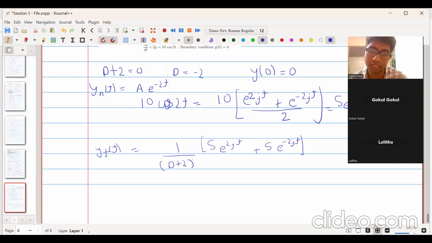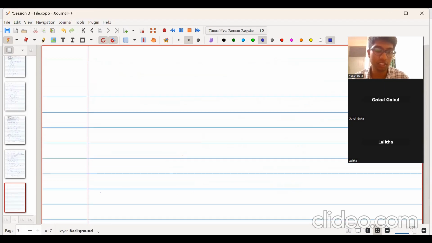We have to substitute it. It will become like this. First I'll write it simpler. Phi is a constant, we can take it out. It will be 1 upon D plus 2 into e to the power 2jt plus phi into 1 upon D plus 2 into e to the power minus 2jt. Okay. So let us go to the next page.